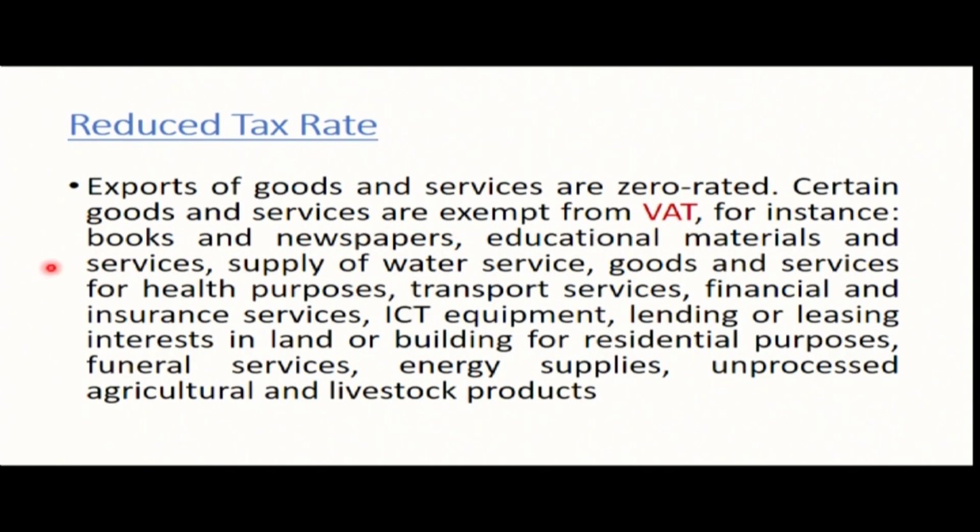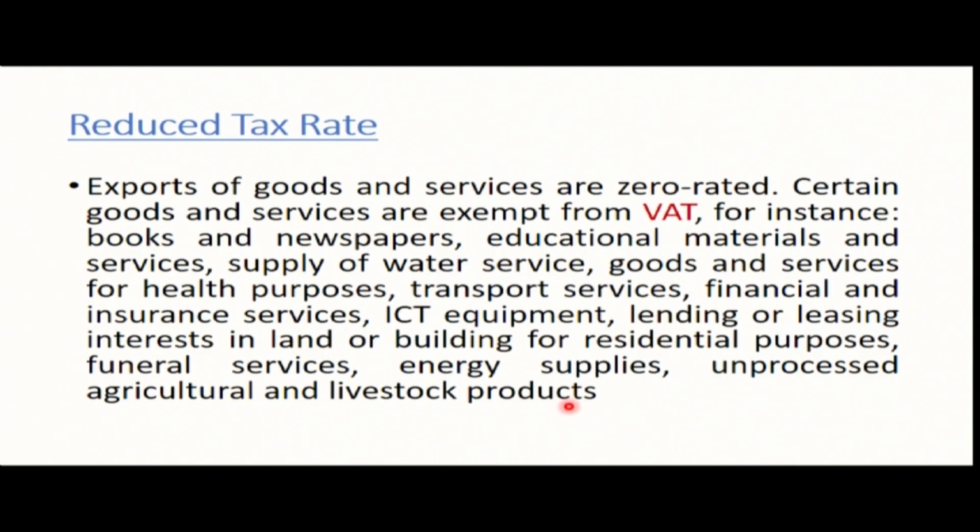For instance, books and newspapers, educational materials and services, supply of water service, goods and services for health purpose, transport services, financial and insurance services, ICT equipment, lending or leasing interests in land or building for residential purposes, funeral services, energy supplies, and processed agricultural and livestock products.